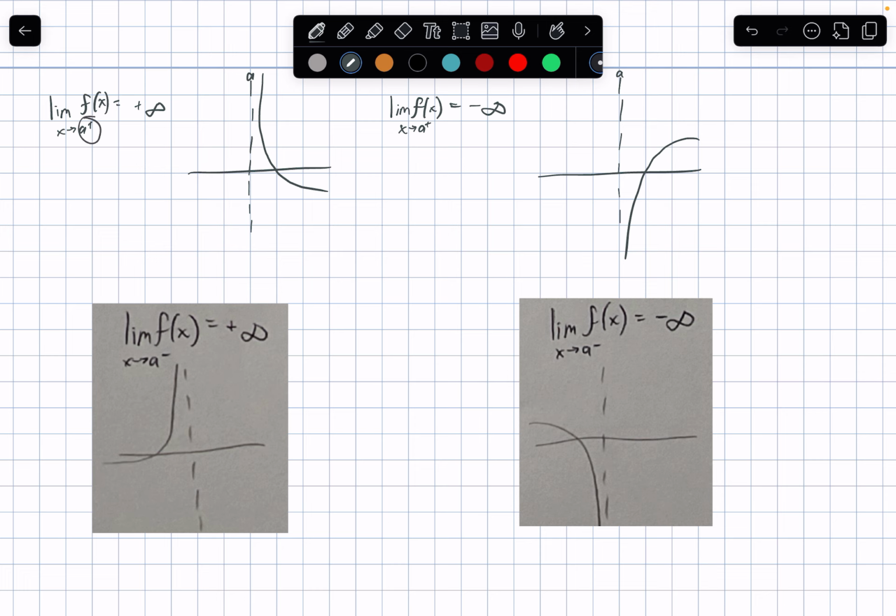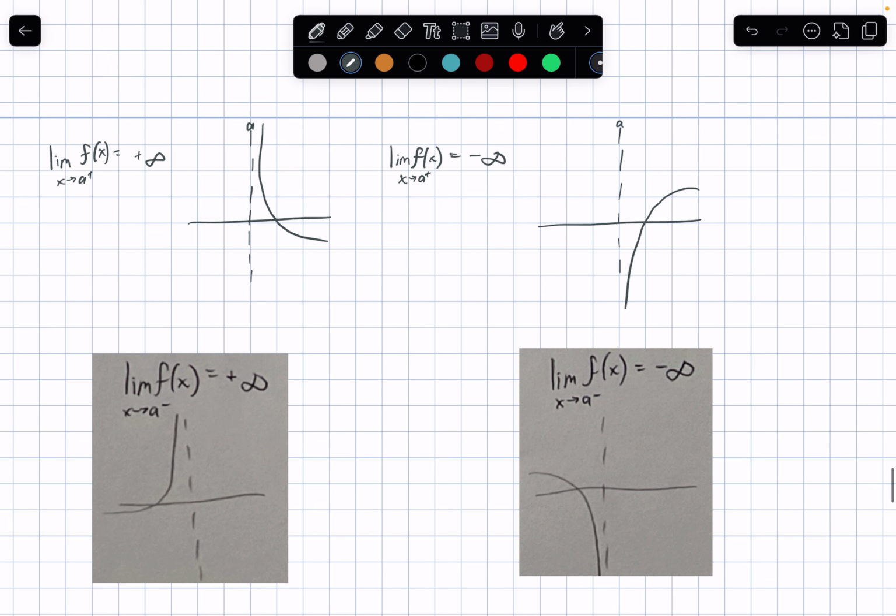But here it says coming from the right side, so the other side. I hope you see the pattern. And for negative infinity, both of them are bound downwards. If we say coming from the right, it's bound downwards from the right. Coming from the left, it's bound downwards from the left. So that's basically it for vertical asymptotes.